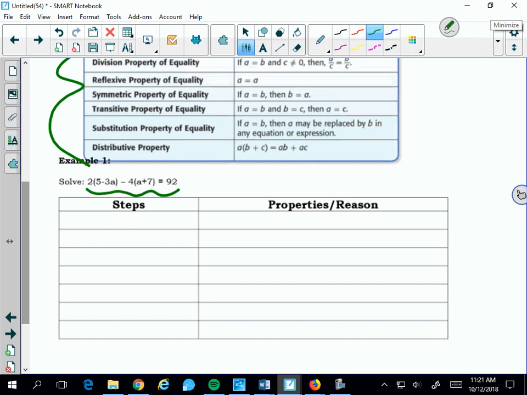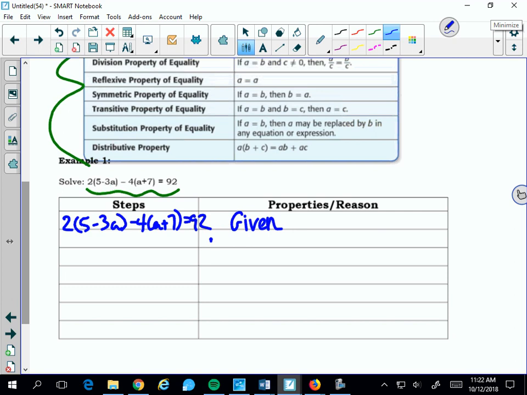So, my first step here, much like any other proof, is just what they've given me. Reason being, given. Okay, I'm good with that. And then I'm just going to start solving it how I normally would, but I need to name a reason for why I'm doing that, looking at these properties up here.